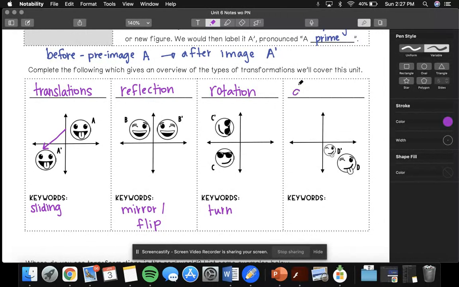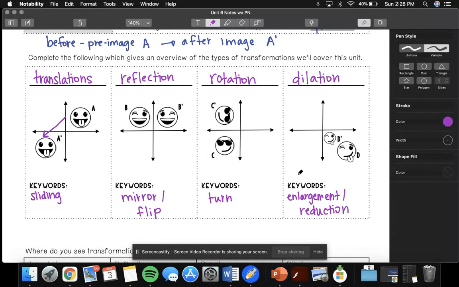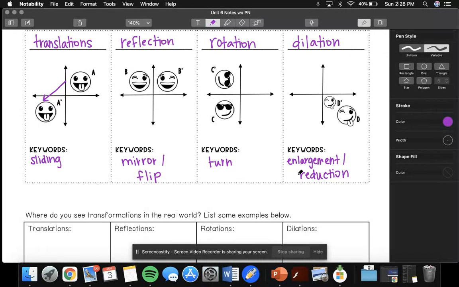So this is called a dilation. And the keywords are it can get bigger, it can enlarge, or it could be a reduction. Okay, so those are our 4 basic transformations that we'll talk about this unit.